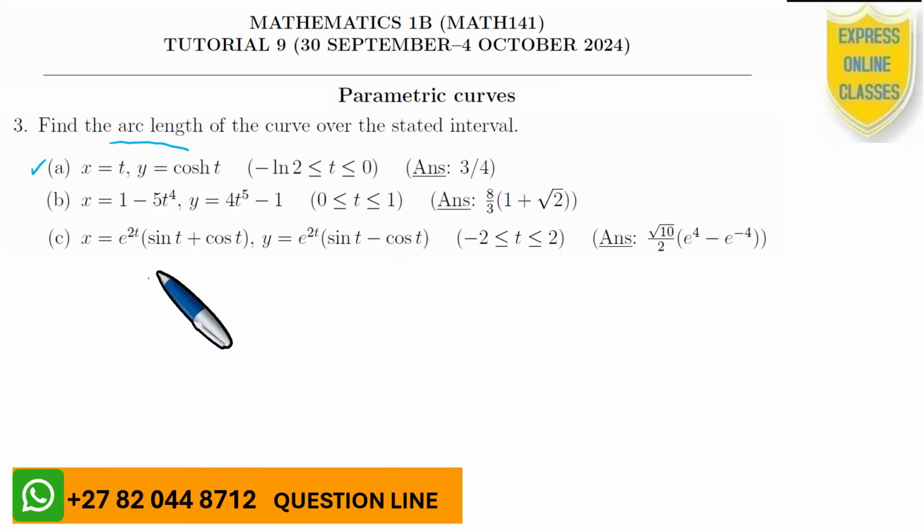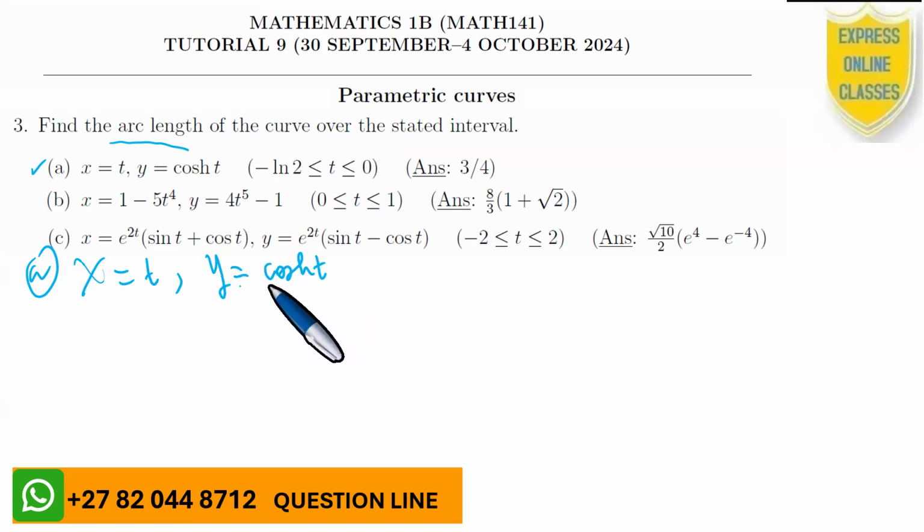We would first look at the fact that we've been given x in part A. We can see that x is t and y is cosh of t.